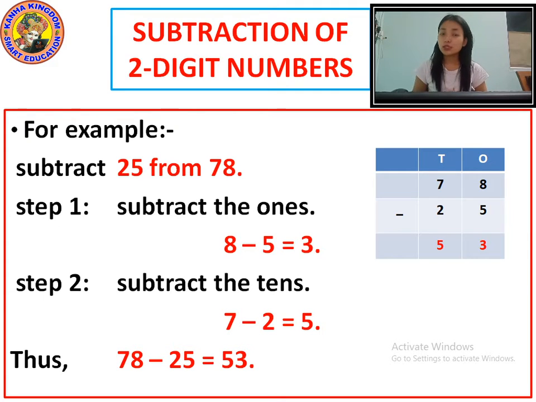In 25, 2 is the digit which is present in tens place, right students? So we have to subtract 2 from 7.